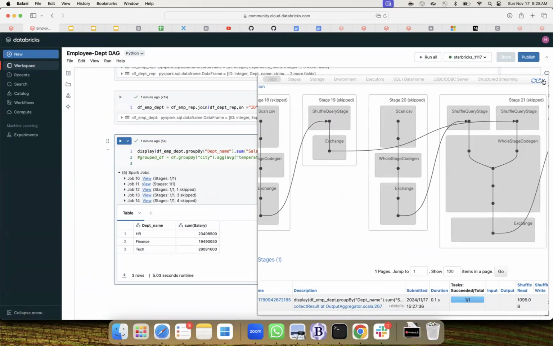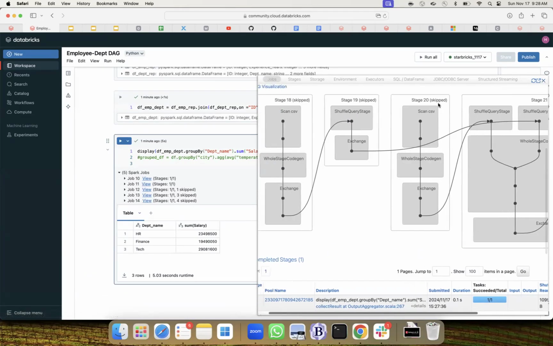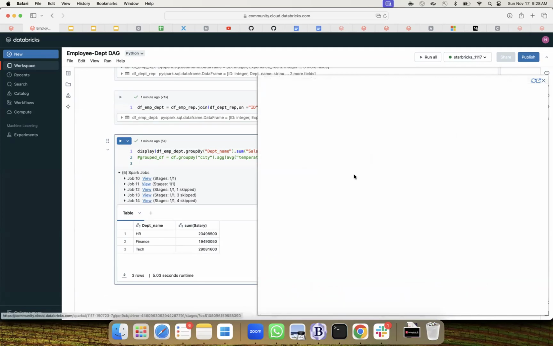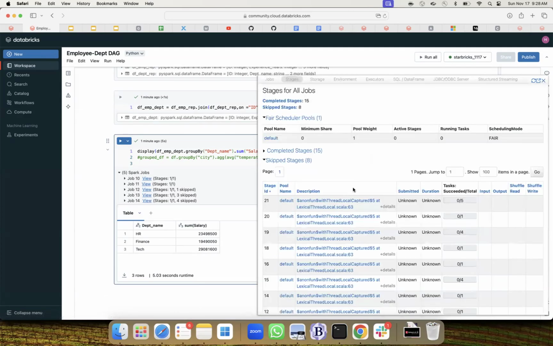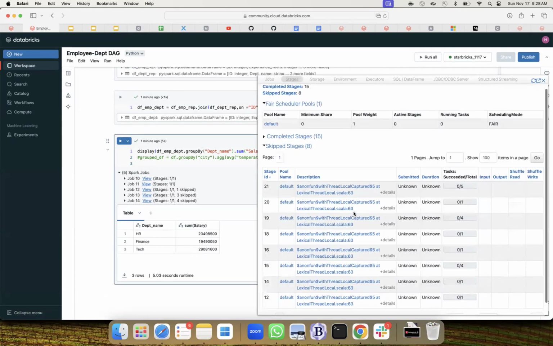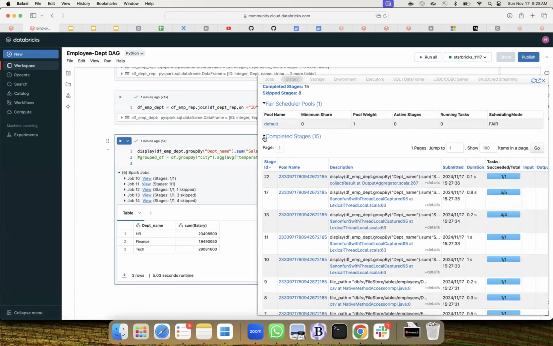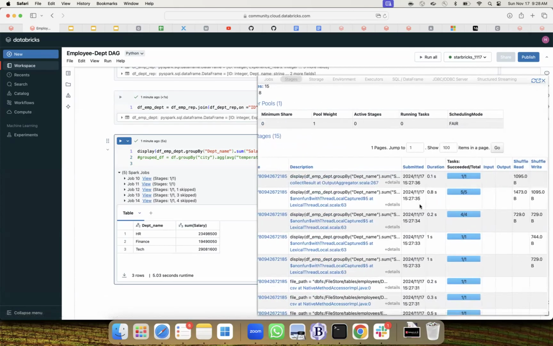We talked about how it does this. So we said we'll have tasks, completed stages.